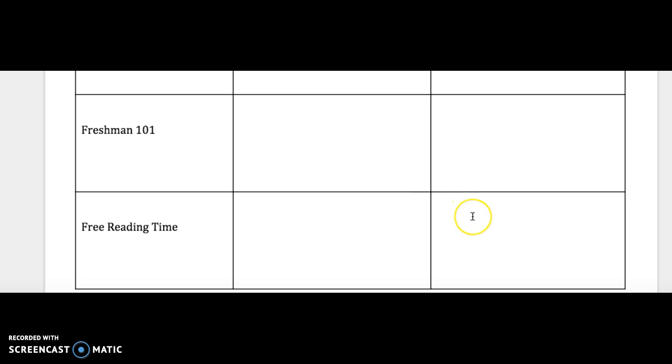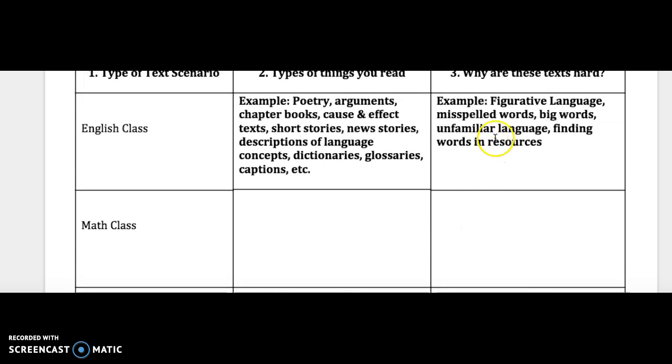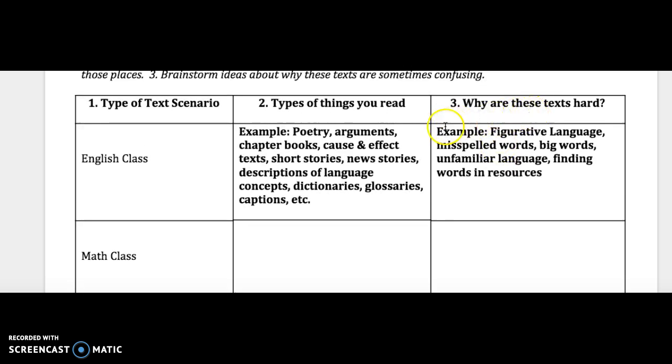And then you could list a few of the reasons why that could be hard to comprehend. So that you'll have why these texts are hard, types of things you read in those classes, or those scenarios, and then types of text scenarios.